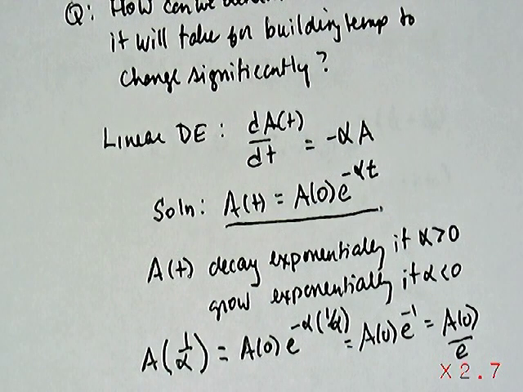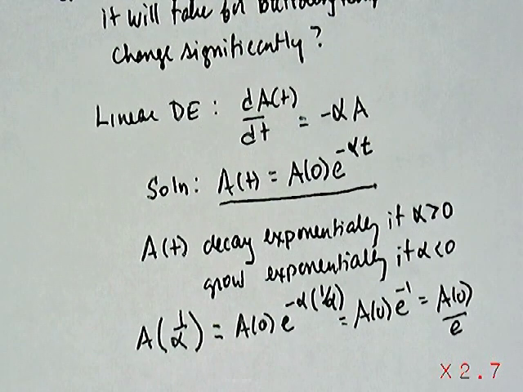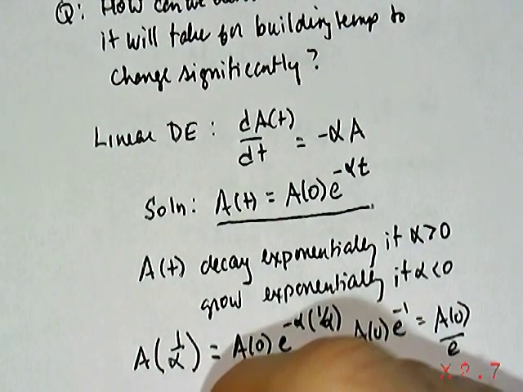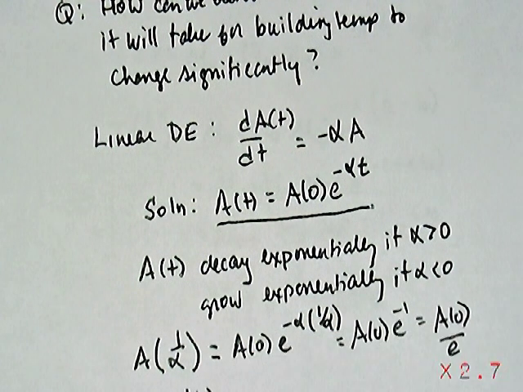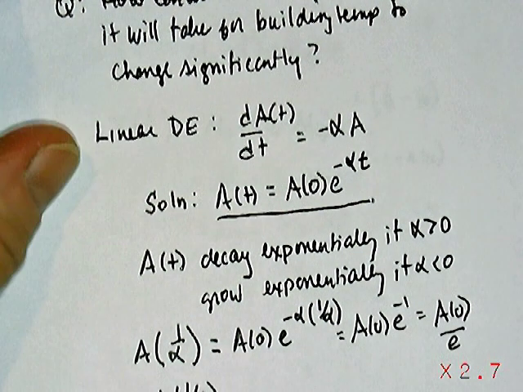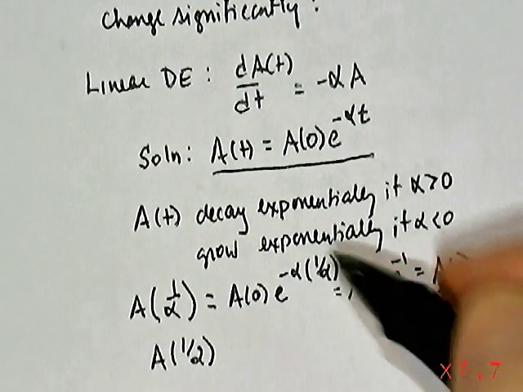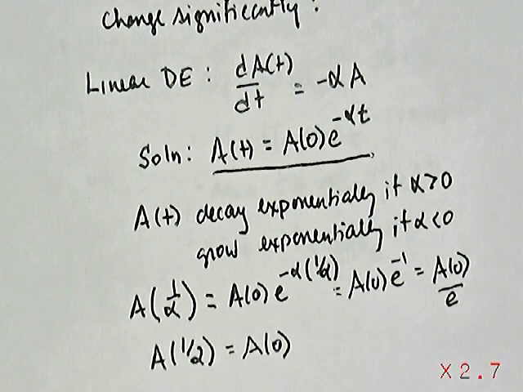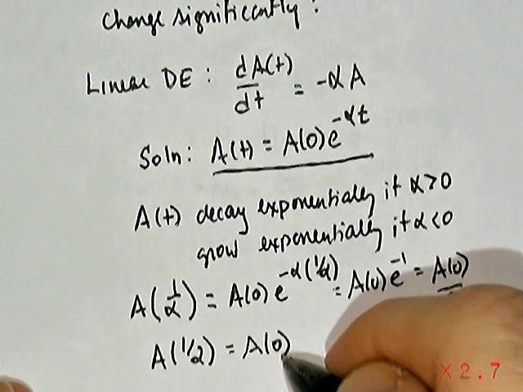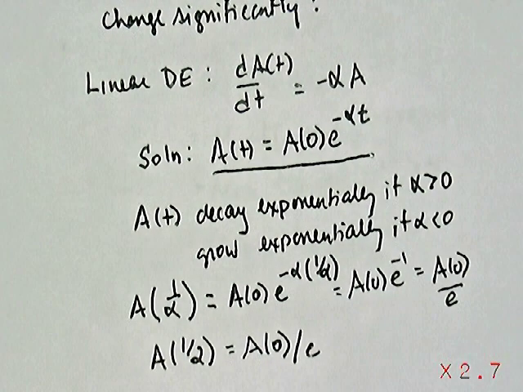Right? So what we've actually stated here is that A of 1 over alpha is equal to the initial value of how much quantity you had in A divided by e.